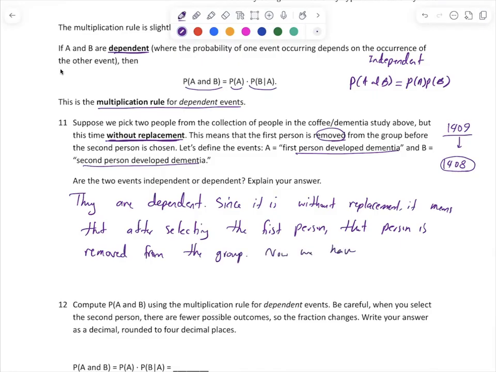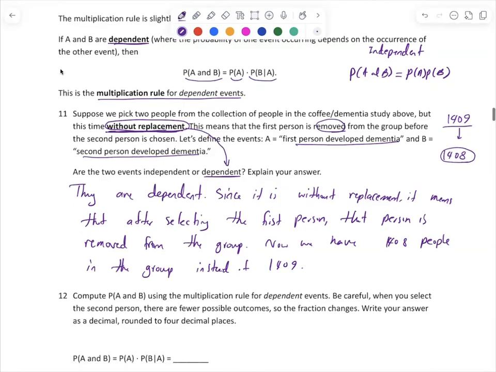Now we have 1,408 people in the group instead of 1,409. That's how we identify dependent and independent events. The keywords are with replacement and without replacement. Again, without replacement means that we have dependent events.